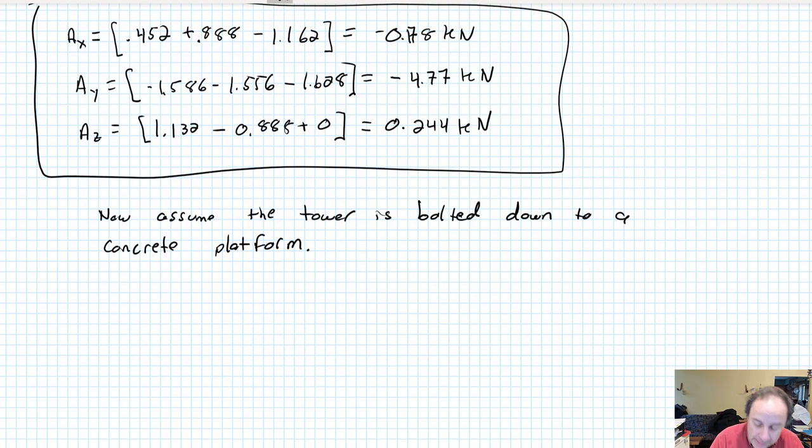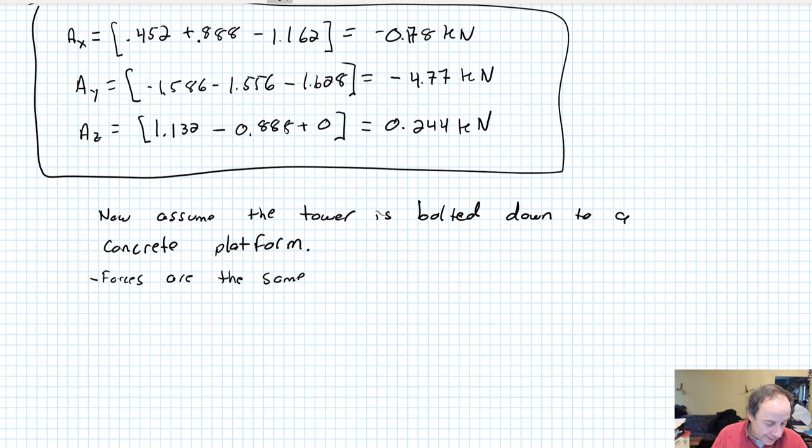So now, not only do you have reaction forces, but now it's restrained such that it supplies a moment. Okay, so it's going to resist rotation. So in this case, forces are the same. Okay, so we don't have to redo that.